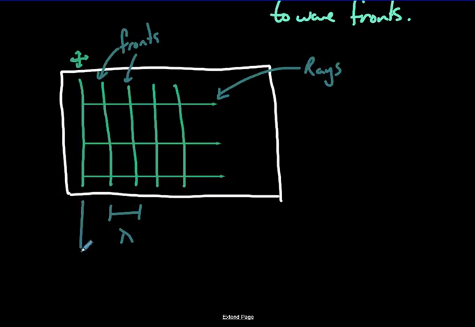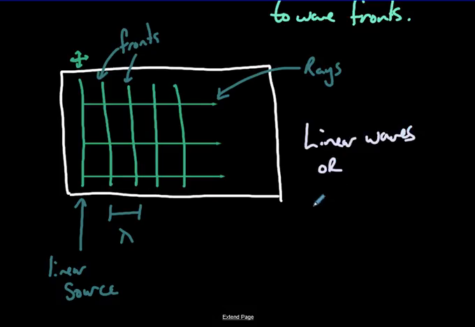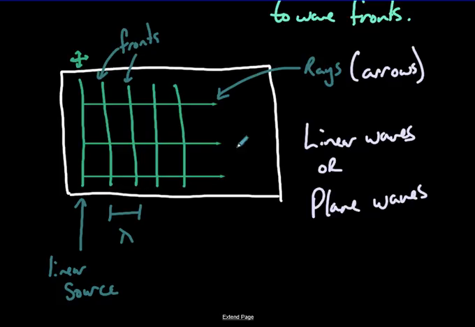This is your linear source, linear because it's in a line. These are often called plane waves, planar waves, or linear waves. Fronts here, rays here. Remember, rays are always arrows, because they show the direction of travel of the wave.